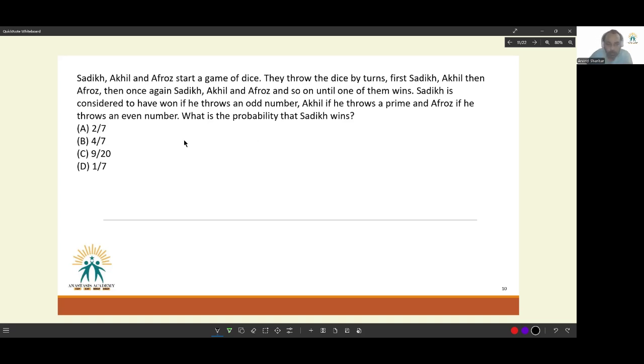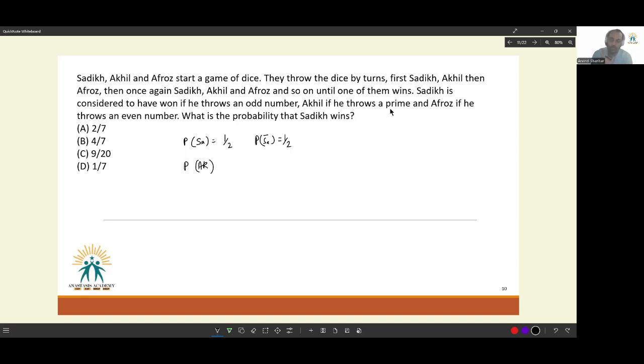Okay. Probability of win for Sadiq. If he throws an odd number, from the first 6, 3 numbers are odd, so the probability of his win is half. And the probability of his failure is also half. Probability of Akhil's win is if he throws a prime number.